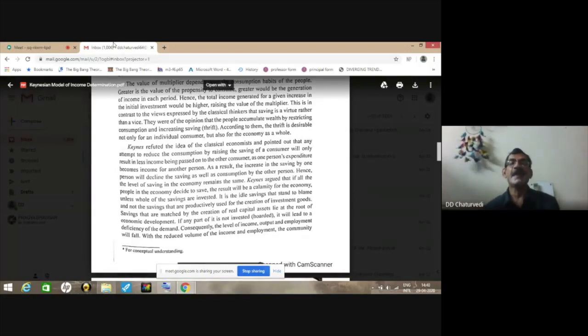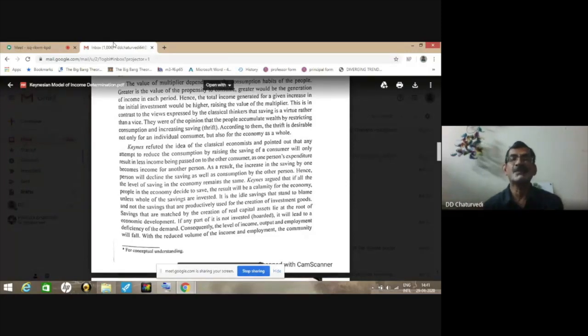But Keynes said if everybody starts saving, there will be a tremendous loss of consumption expenditure. So further creation of consumption will be stopped by having more saving. So a high level of savings will not be a blessing for the economy. Rather, it is adversely affecting the working of the economy, because with more saving, there will be less consumption.